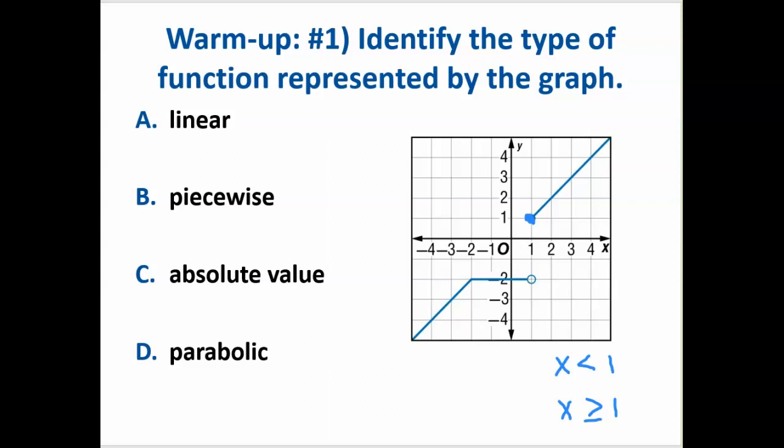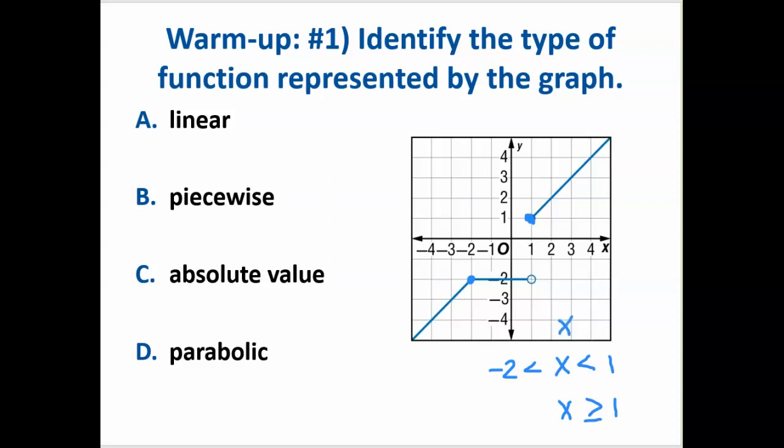We have to also realize, though, that the function changes at -2. So I need an additional breaking point at -2, because it changes from a horizontal line to a linear line.